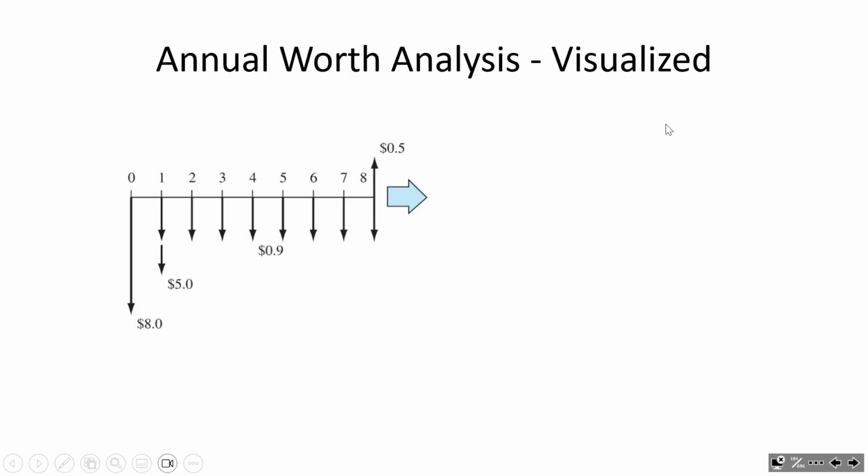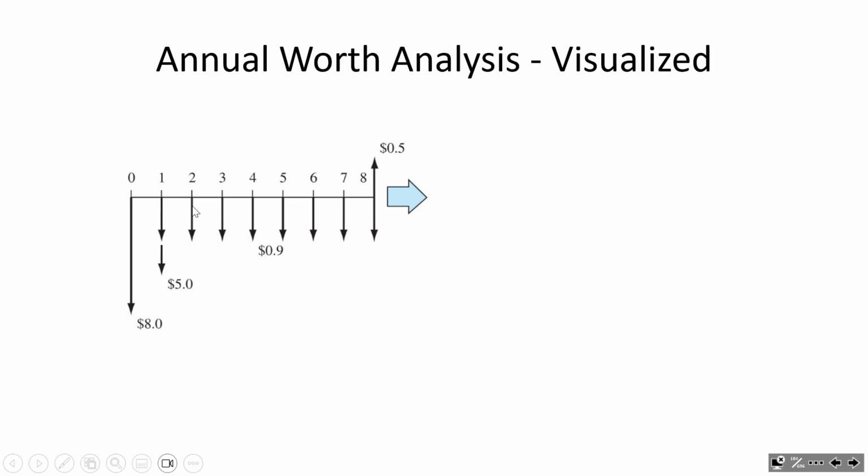Another thing we're going to do in today's in-class exercise is calculate the annual worth. Now, let's look at this cash flow diagram. This is showing that we buy some equipment at year 0, and then it looks like maybe this is in millions. So if this was in millions, we're buying the equipment for $8 million in year 0, and then spending $5 million in the first year to refurbish the equipment.